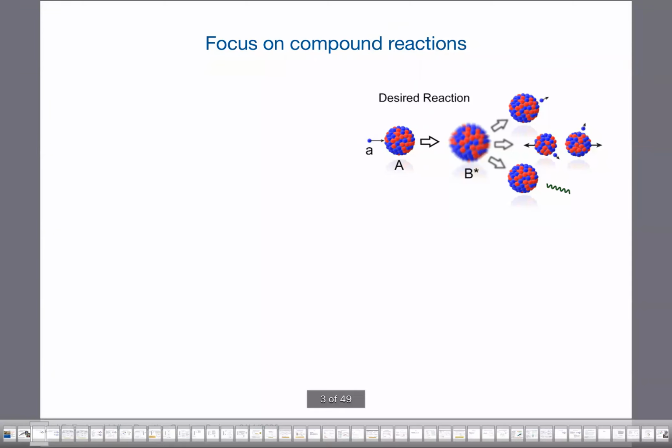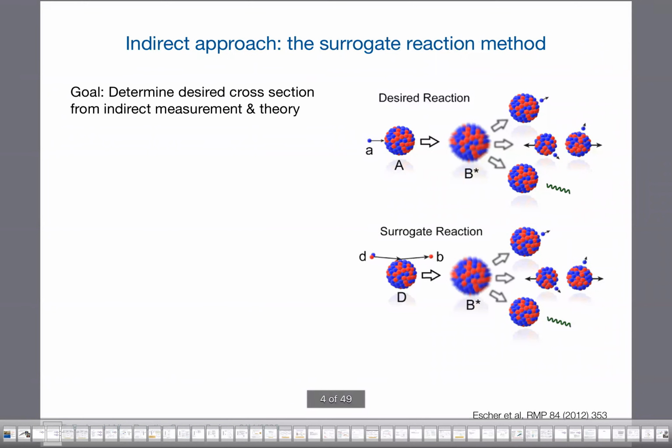One of the things that we can do, if our nucleus A cannot be produced because it is too short-lived or too radioactive, is to use a surrogate reaction, which is indicated in the lower right-hand panel. The idea here is that we make this same compound nucleus B star by means of some kind of alternative reaction, a transfer reaction or an inelastic scattering reaction that uses a projectile-target combination that we can deal with better experimentally.